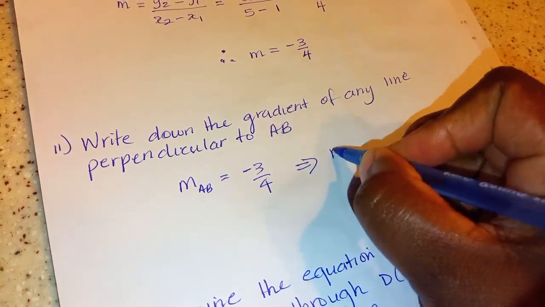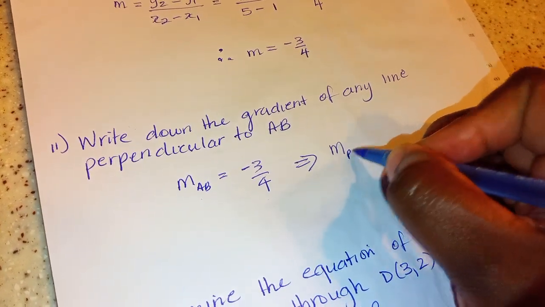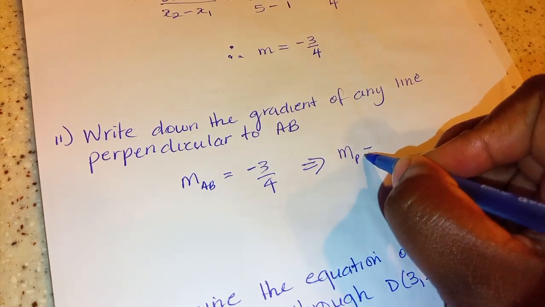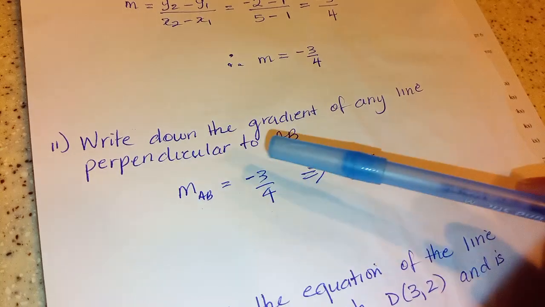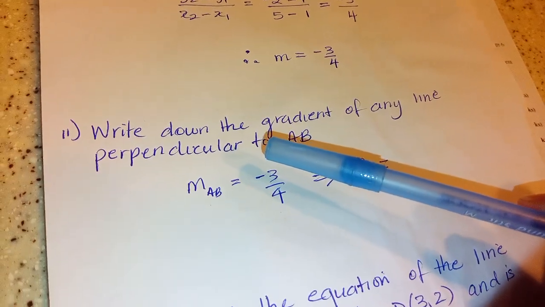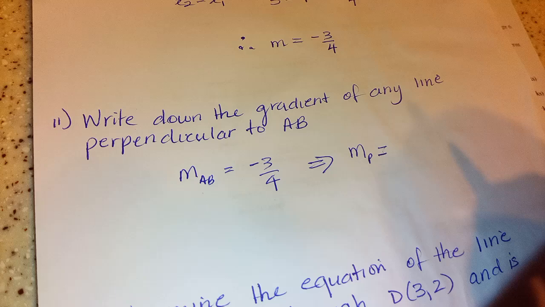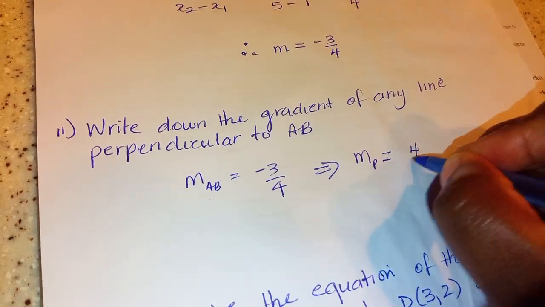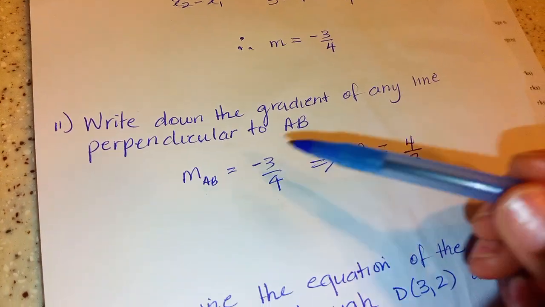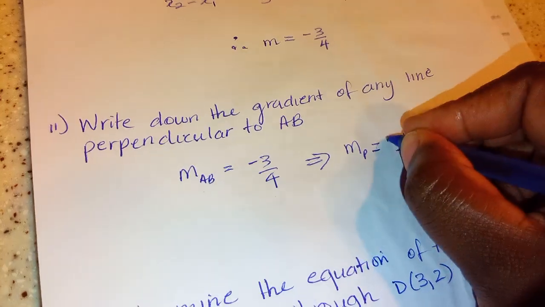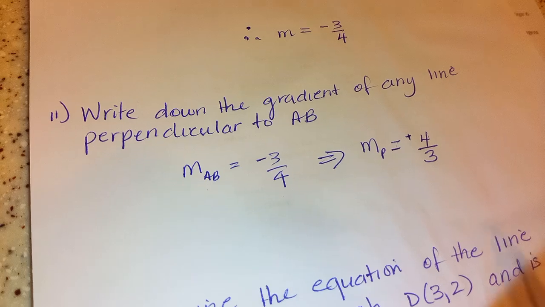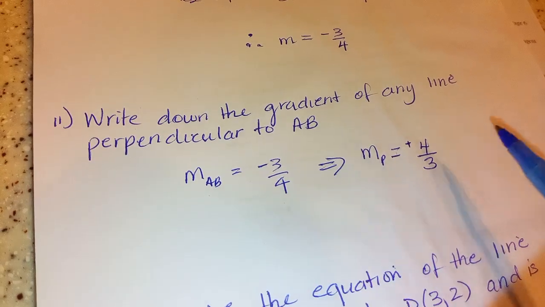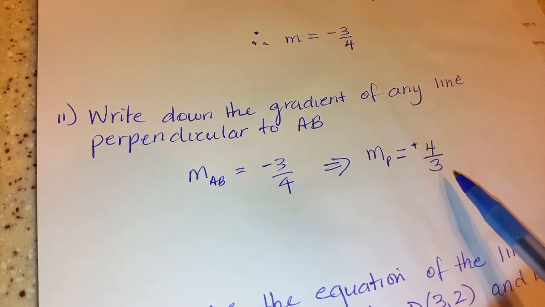Therefore, for the gradient of any line that is perpendicular, and I'm going to use P for perpendicular, we're going to upturn this first gradient and change the sign. So we're using the reciprocal. So it's going to be 4 over 3. And since the first gradient is negative, this gradient is going to be positive. So the gradient of any line that is perpendicular to this line is going to be positive 4/3.